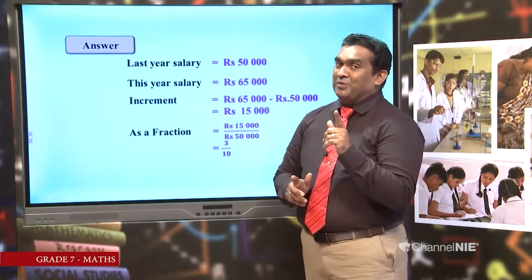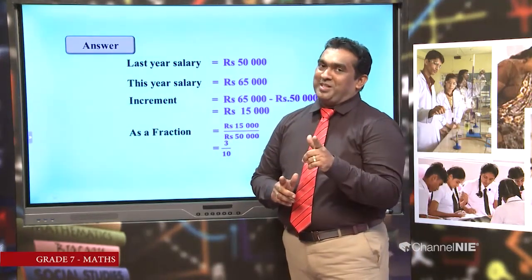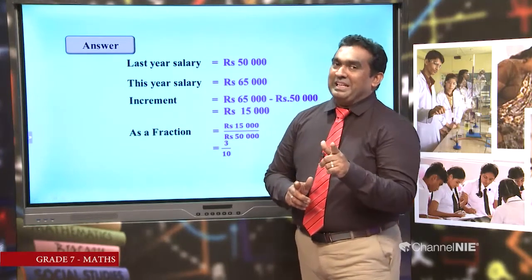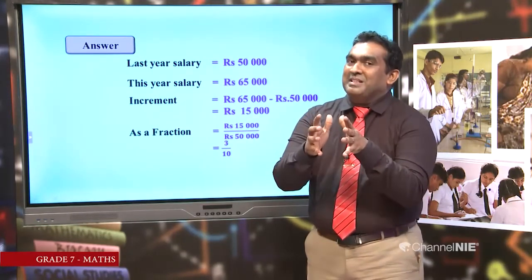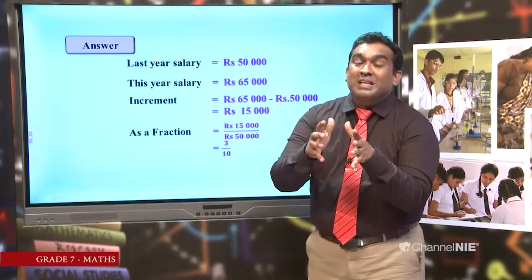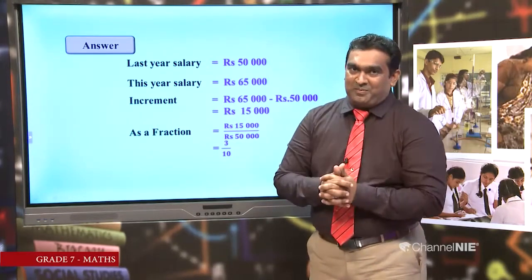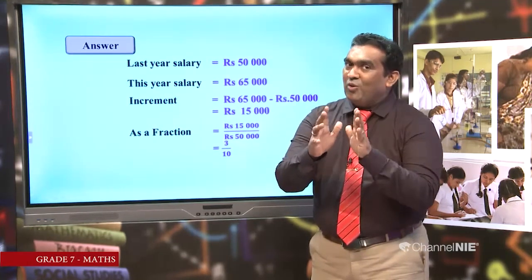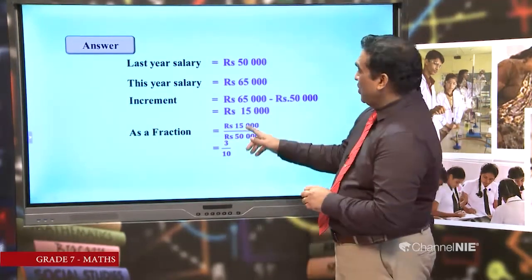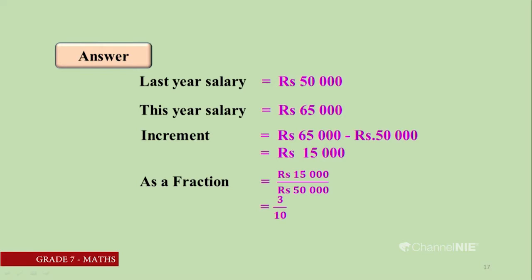As I told you from the very beginning of the question, 50,000 is our starting value. According to 50,000, they ask about the increment as a fraction, right? The main value is 15,000, the increment. Therefore, 15,000 over 50,000.